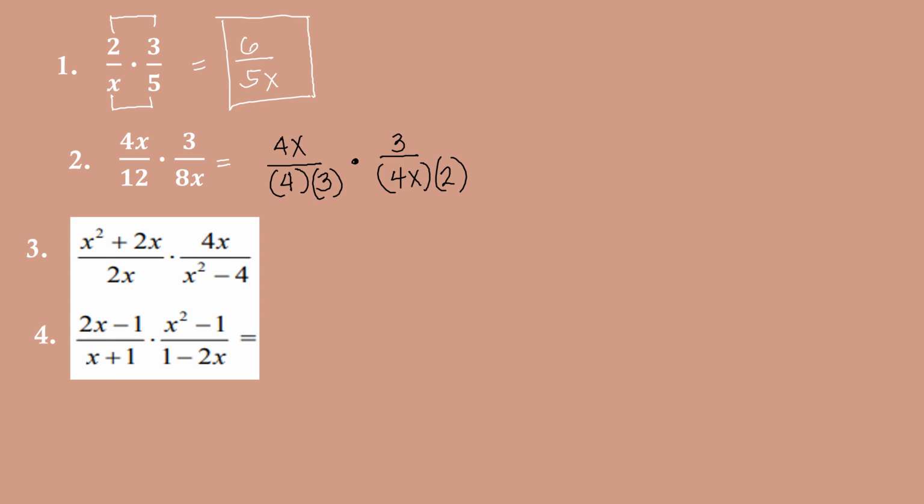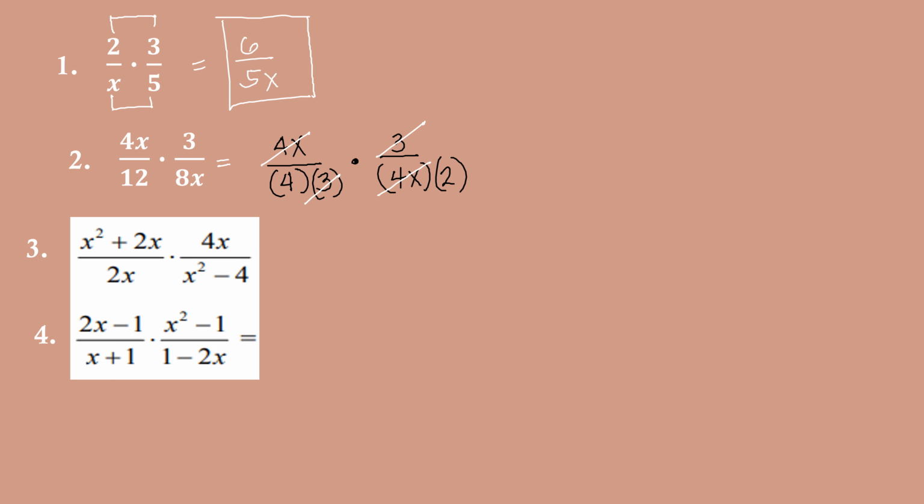So the next move is to find out if there is a common factor in the numerator and in the denominator. Remember that 4x and 4x will give us a quotient of 1, because 4x divided by 4x is equal to 1. And there is a 3 in here and a 3 in the denominator, so this will also give us a quotient of 1.